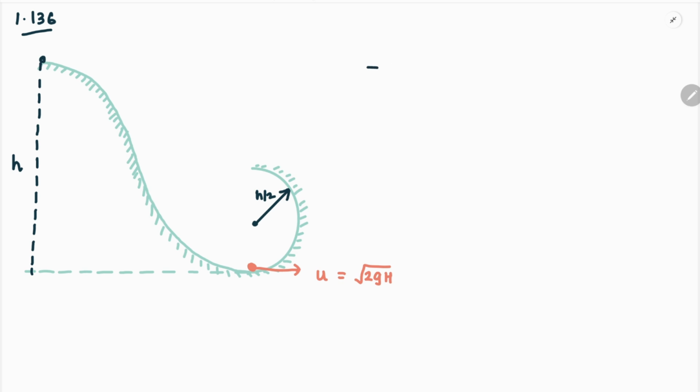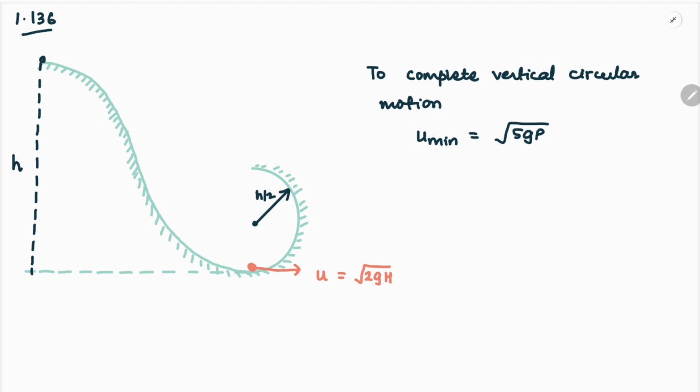So to complete vertical circular motion, the minimum speed needed is equal to root 5 gr. So if we think in these terms, we have 5g, r being equal to h by 2, and over here we have speed root 2 gh.